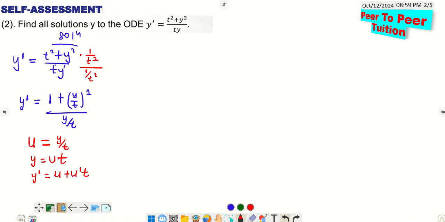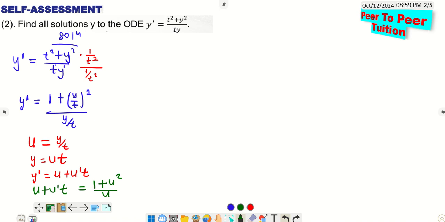So that is my y prime here. I can substitute it here, so wherever I see y prime, I'll write u plus u prime t, which should be equal to 1 plus y on t, which is u, so u squared, all divided by u.